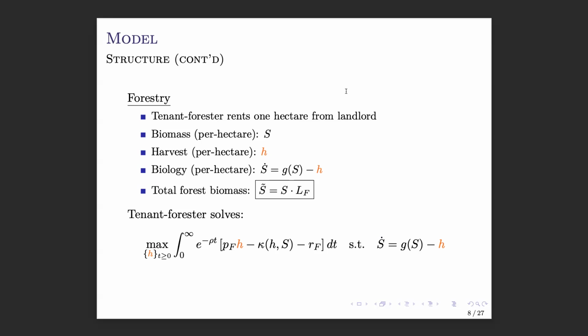And there, of course, I guess I shouldn't say of course, they internalize, and this need not be the case, right? We could drop this, but they internalize the law of motion for the forest land when they make this decision.